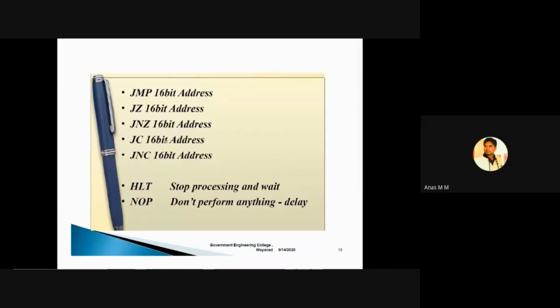All these come under branching instructions. Here we specify a location. Whenever the parity bit is 1, it will jump to this location. Whenever there is a 0 in the result, it will jump to the corresponding 16-bit address. This is detailed, but no need to worry about it.